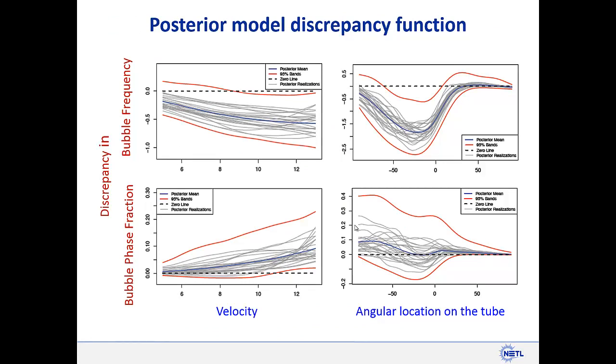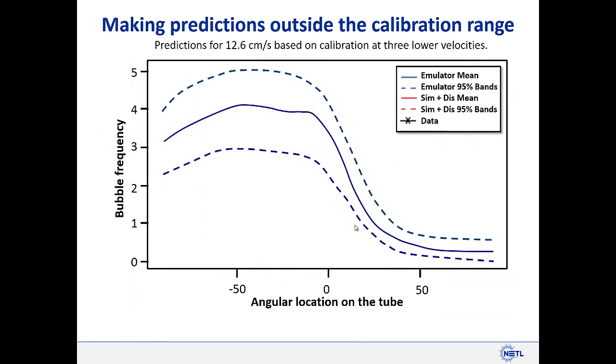They did this calibration for lower velocities, and they used the calibrated parameters and the discrepancy function for predicting what will happen at a higher velocity. I'm just showing one example: the bubble frequency as a function of angular location on the tube.